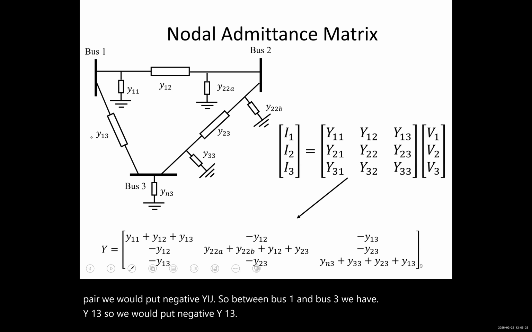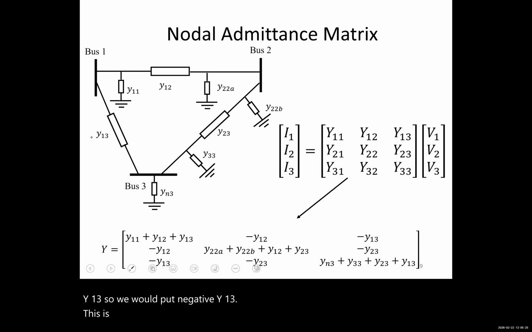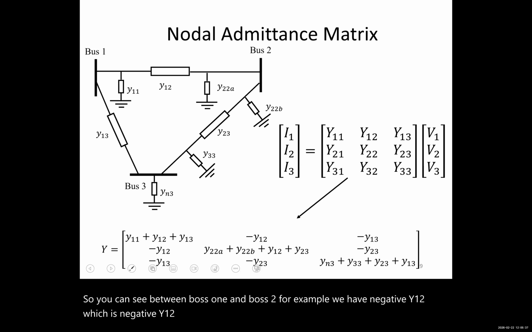This is the whole example. So you can see between bus 1 and bus 2, for example, we have negative y12. Now, between bus 2 and bus 1, again we have negative y12.